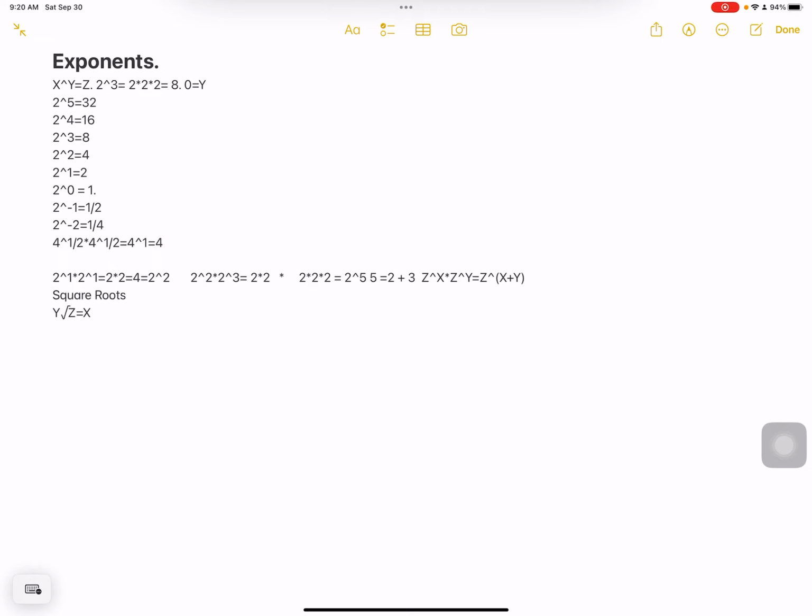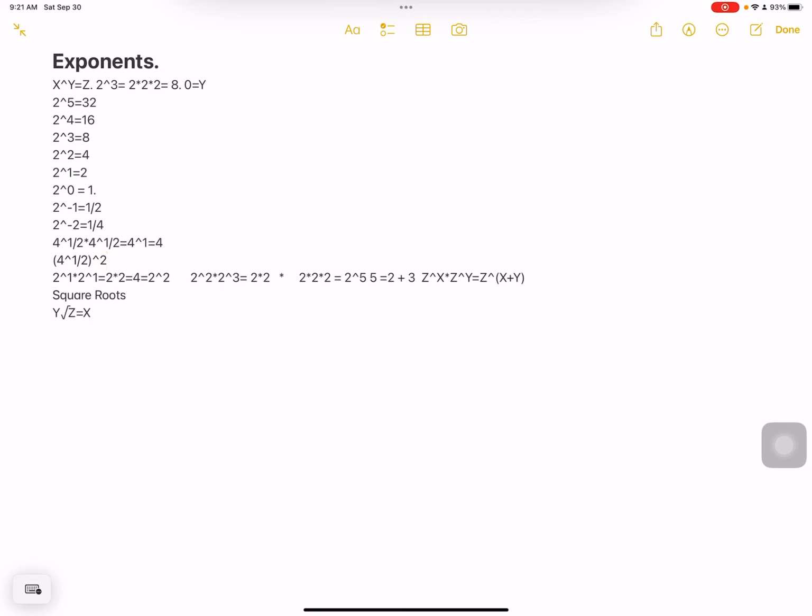Now, what into what equals 4? Well, this also can be represented by 4 to the power 1/2 in parentheses to the power of 2.